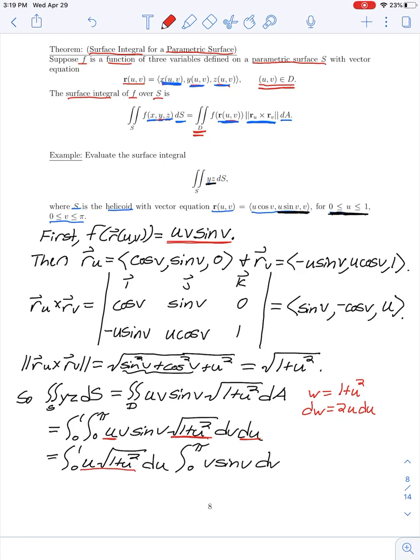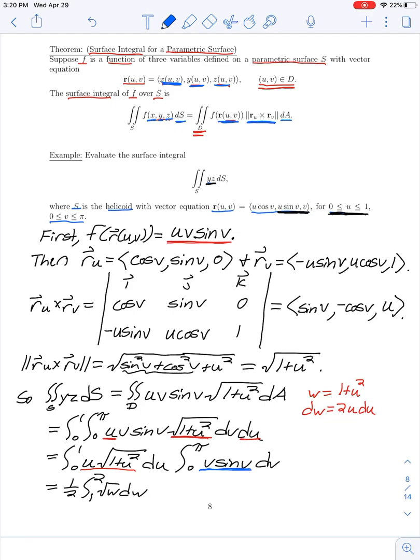Rewriting this first integral in terms of w, we have 1/2 the integral of square root w dw, and we are evaluating from when u is equal to 0, w is 1, and when u is equal to 1, we find w is 2. So now integrating from 1 to 2. And then we are multiplying by, well, we need an antiderivative for the function v times sine of v.